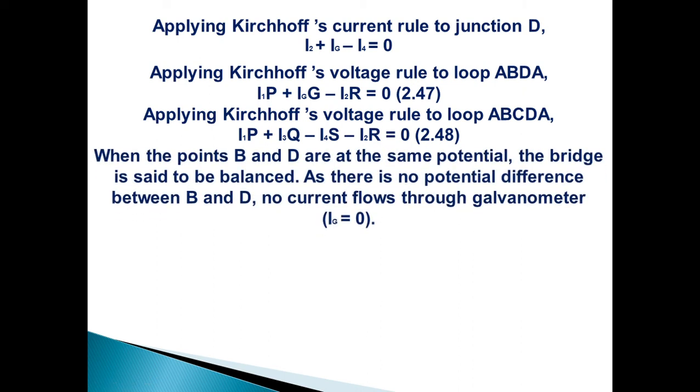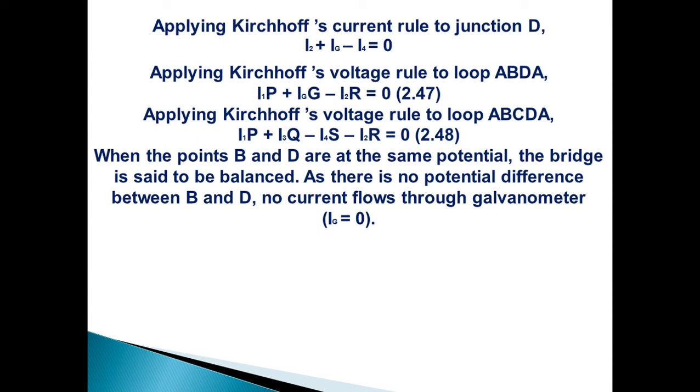The next important point of the Wheatstone bridge network: when the points B and D are at the same potential, that means the bridge is balanced. As there is no potential difference between B and D, no current flows through the galvanometer.